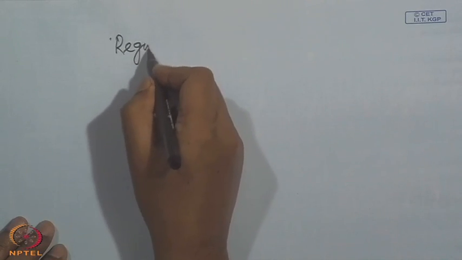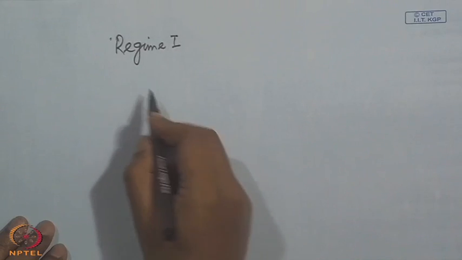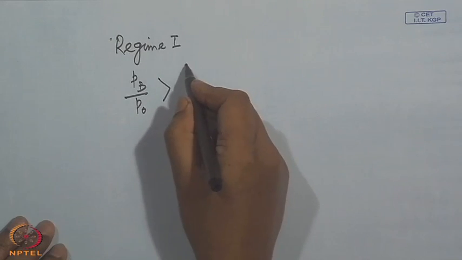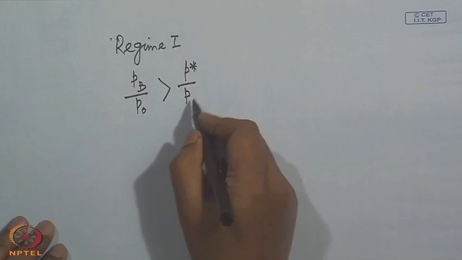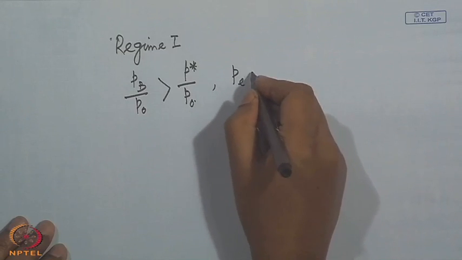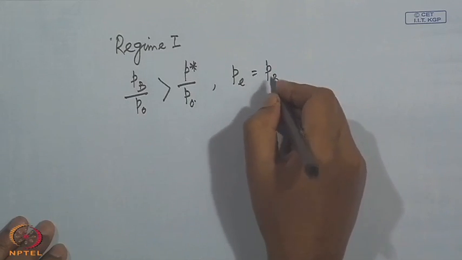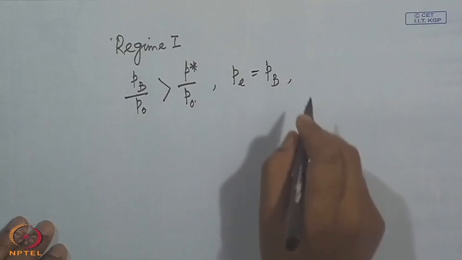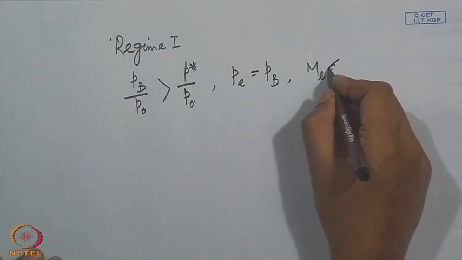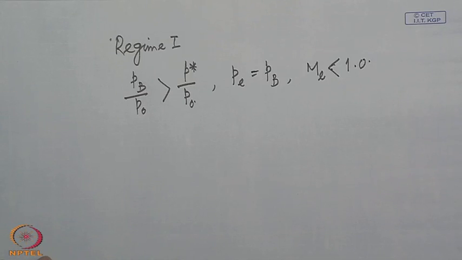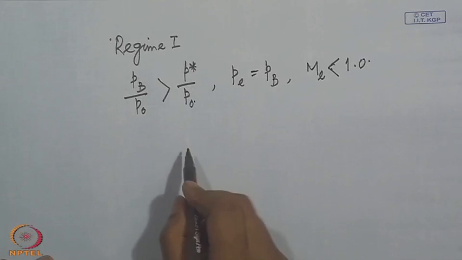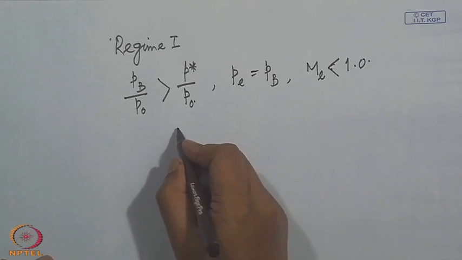In regime 1, we have P b by P 0 greater than P star by P 0, P e equal to P b, exit Mach number less than 1.0, and as you decrease the pressure from P 0 to P star, the mass flow rate continuously increases.